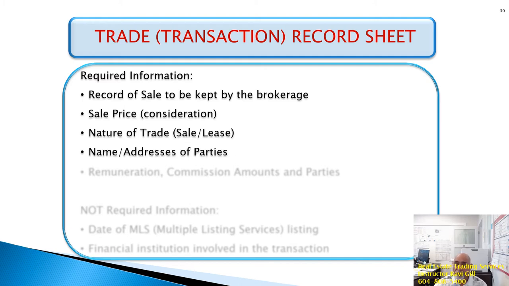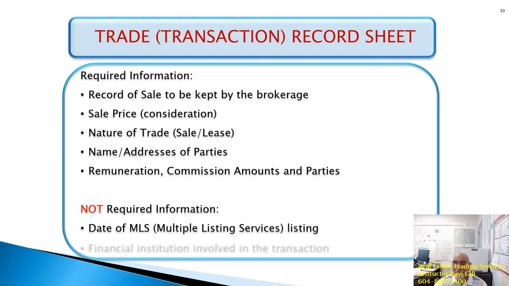You would write the addresses of all the parties and how much commission you're going to be making and how much commission the other agents are going to be making. What's not required in the trade record sheet for your exam is the date of the MLS listing and any financial institutions that are involved, like where the mortgages are going to come from or where the deposit was deposited.